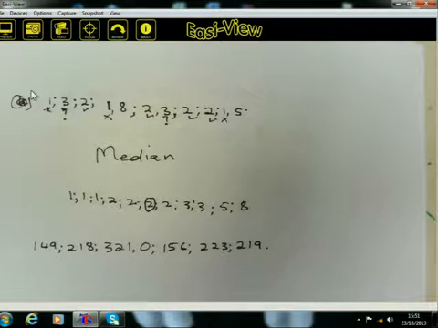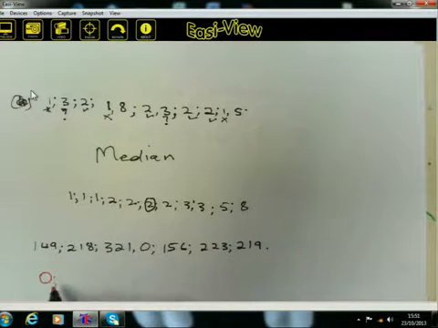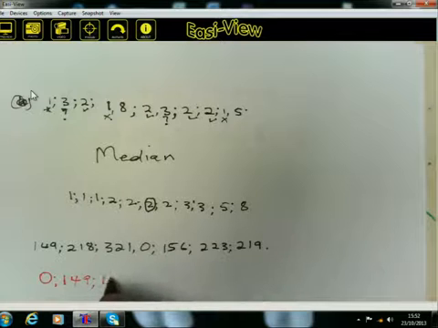Now how do we rearrange them? You start from the smallest one, that is ascending order. The first number is 0. What will be the second one? That's 149. What will be the third one? 156. What will be the fourth one?